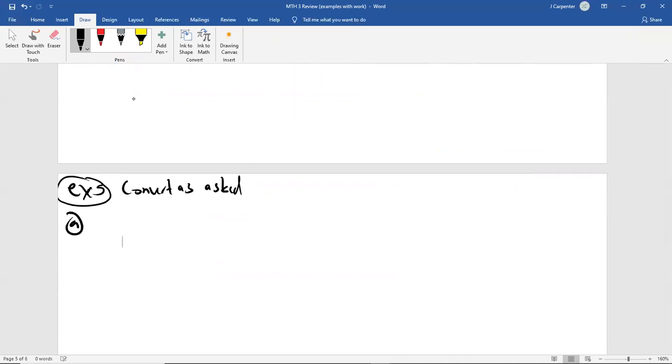So for A, let's go with 5 feet, and we want to convert this to inches. So you'd go to your formula sheet and you would find that 12 inches is equal to 1 foot. So you start with the original, you start with your 5 feet, and you're going to multiply by either 12 inches over a foot or 1 foot over 12 inches.